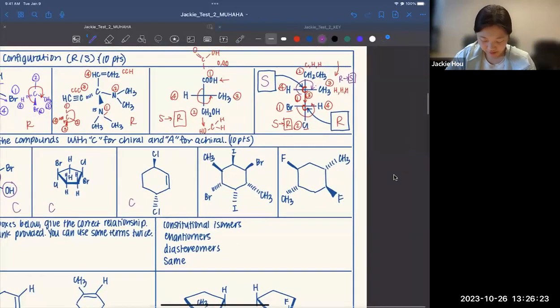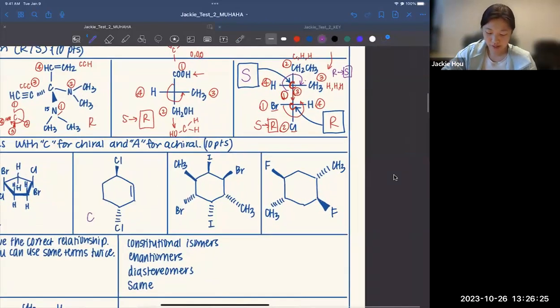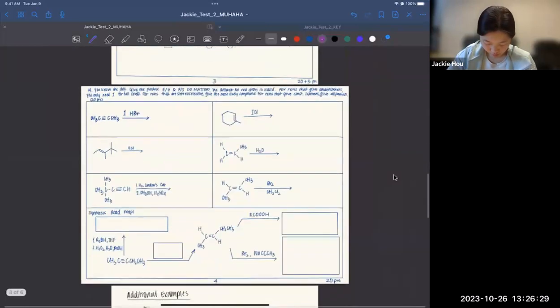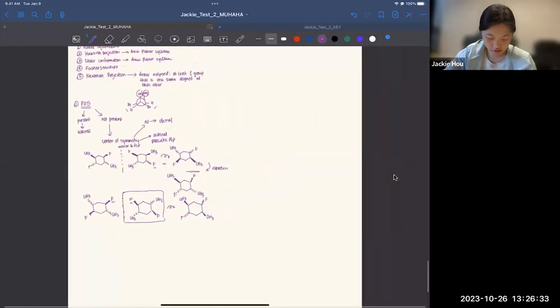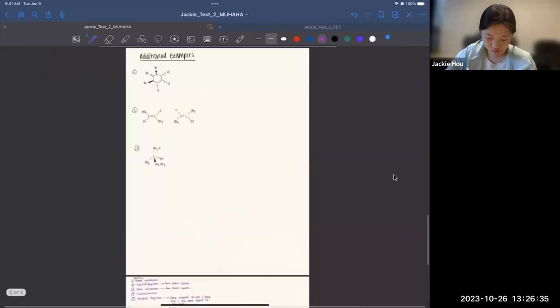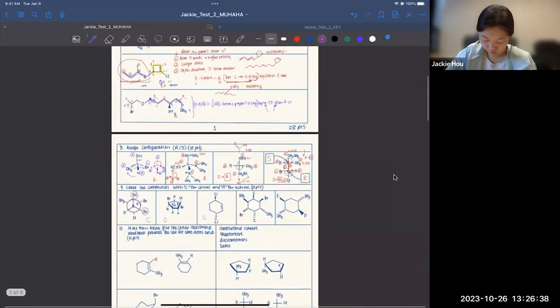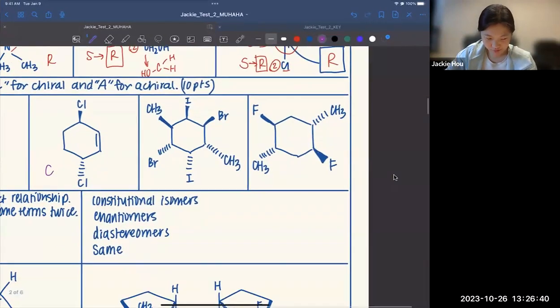Okay, and then something like this where we have a center of symmetry. I think I went over something similar over here, right? So this is very similar to the example I went over before. So I'm not gonna go over it one more time because I feel like you guys probably already heard it.